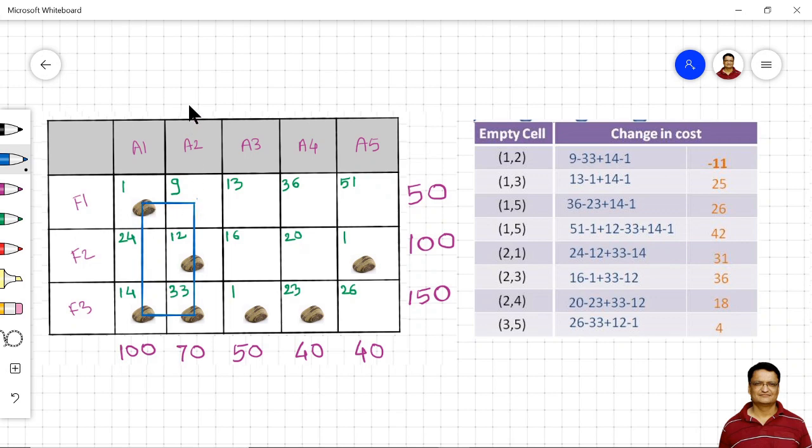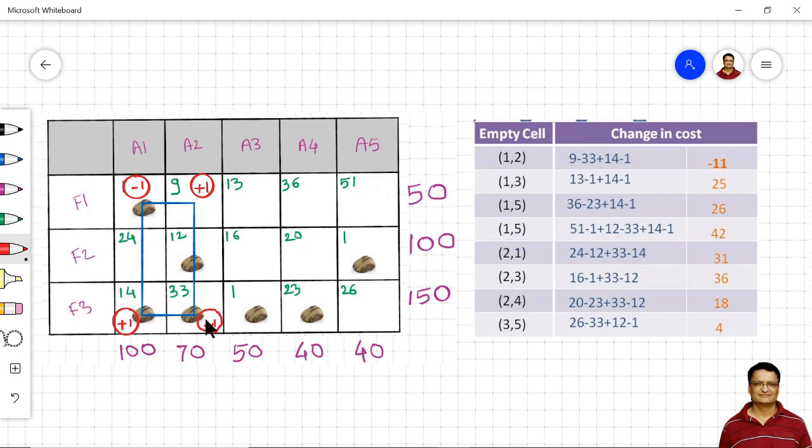Now once I am ready with the loop, the next thing is to allocate certain values. So I will allocate +1 at this empty cell at this corner. I will allocate -1 to the next corner, +1 to the next corner, and -1 to the next corner.